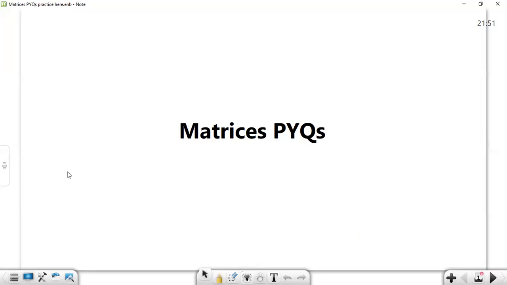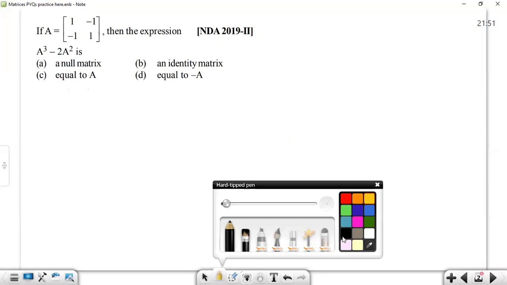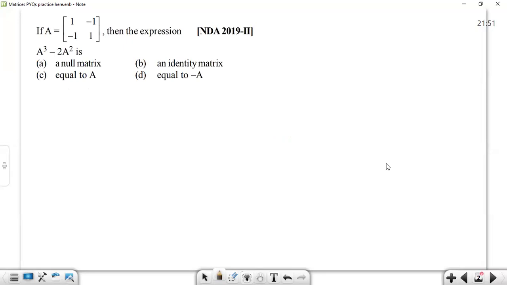Okay. Time to solve some previous year questions from the matrices chapter. First question. So this is a matrix given: A is equal to 1, minus 1, and 1.